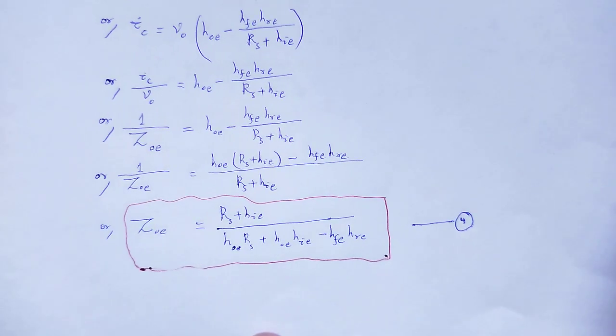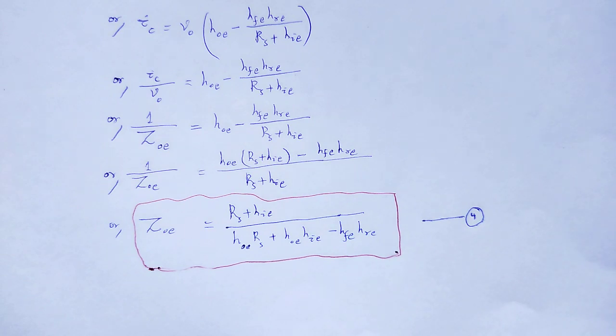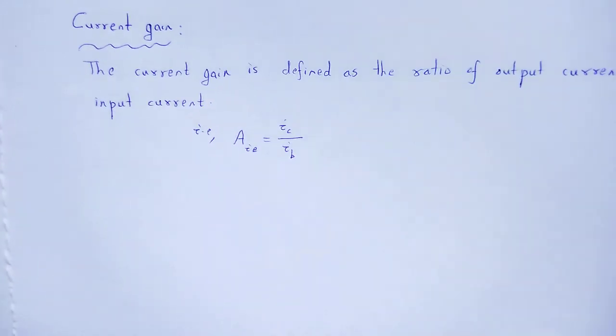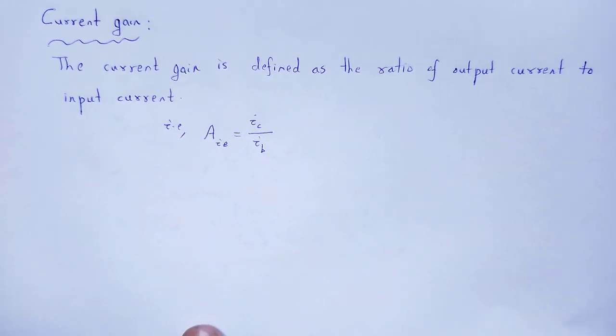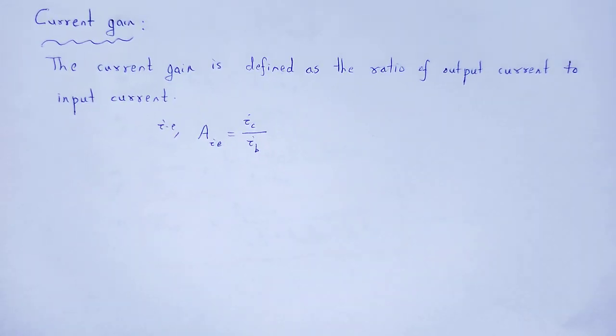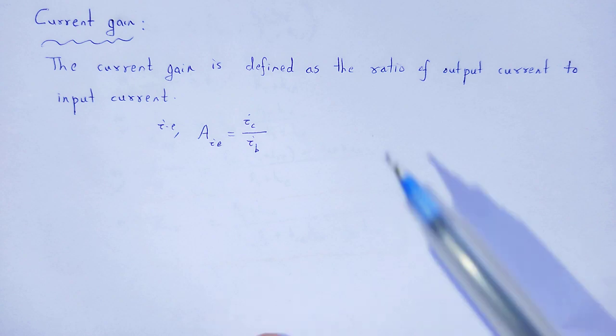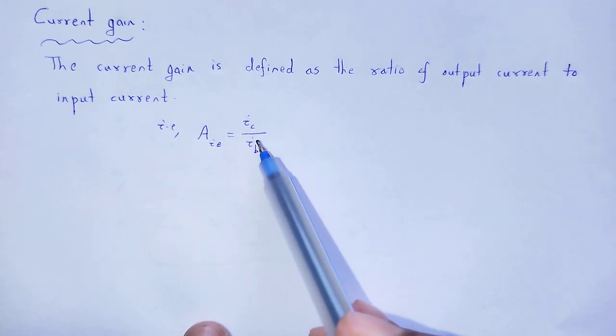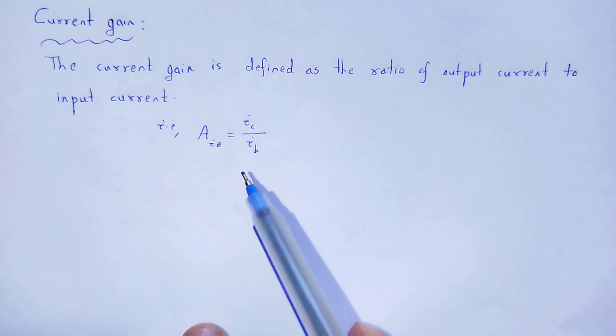Next, current gain. Current gain we define as the ratio of output current to input current. Output current IC, input current IB. Look at that circuit.